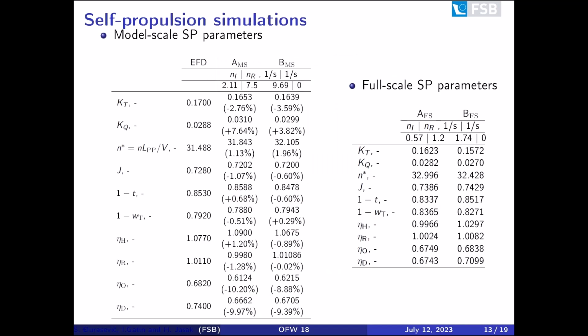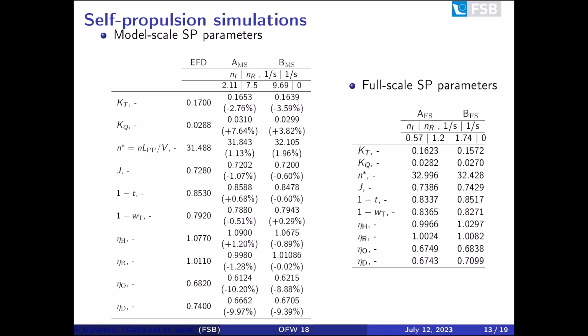Now, here are presented integral values of results obtained from the simulations, and model scale values are compared to the publicly available experimental data. Model scale computations generally under-predict the thrust coefficient, while over-predicting the torque coefficient.